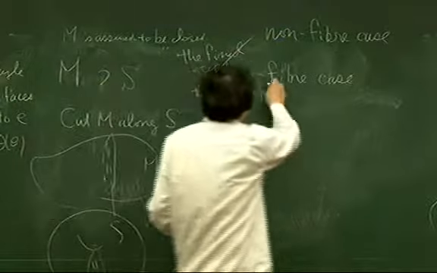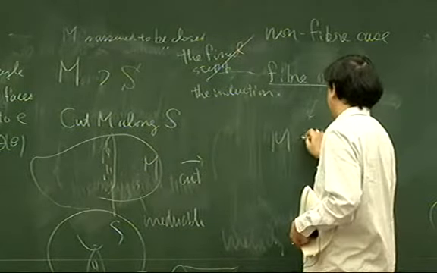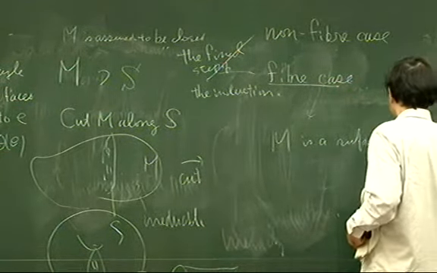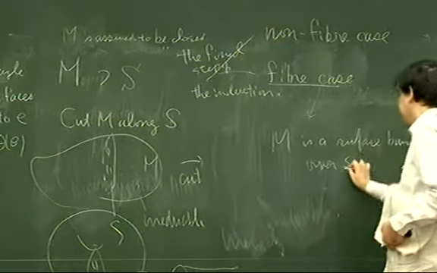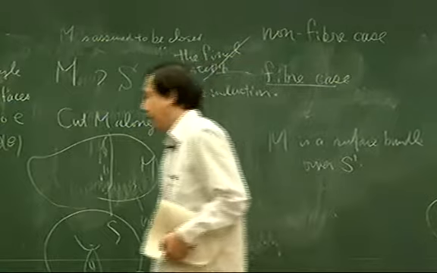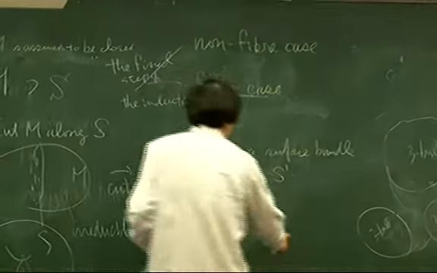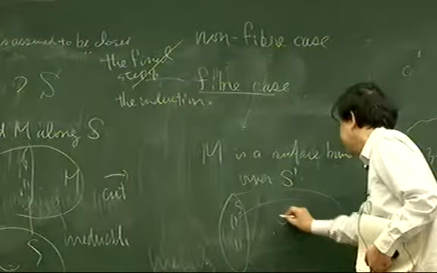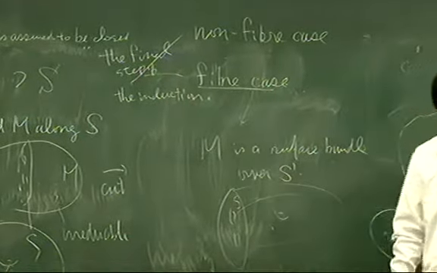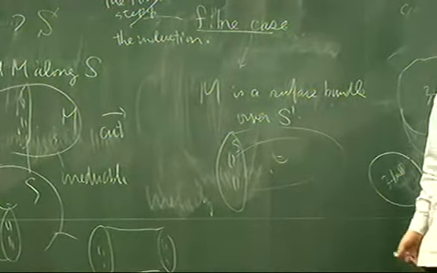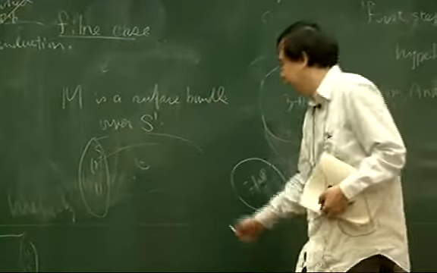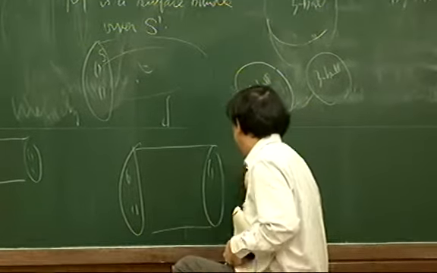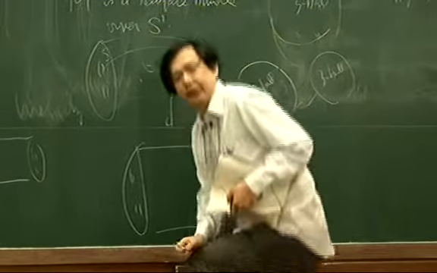What I mean by the fiber case is the case when M is a surface bundle over S1. If you have an S bundle over S1, this fiber surface S is incompressible. So if you cut it along a fiber, then what you get is just the product of S and the unit interval. Okay, right?